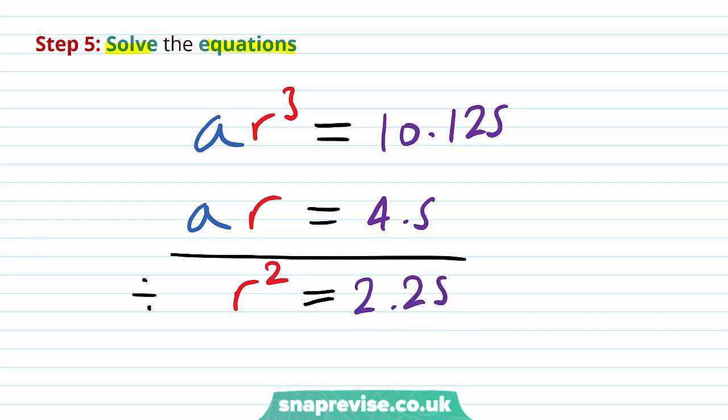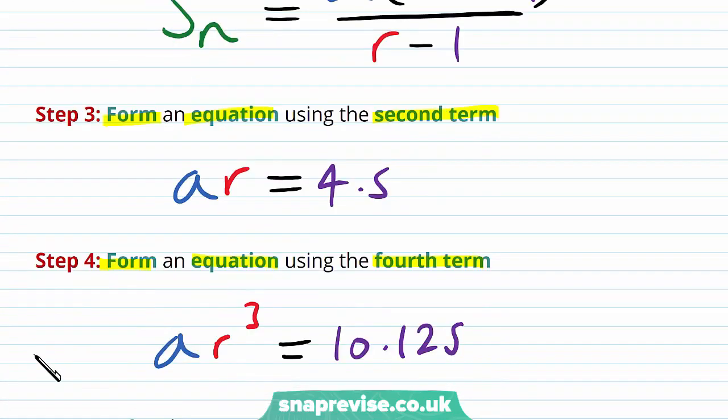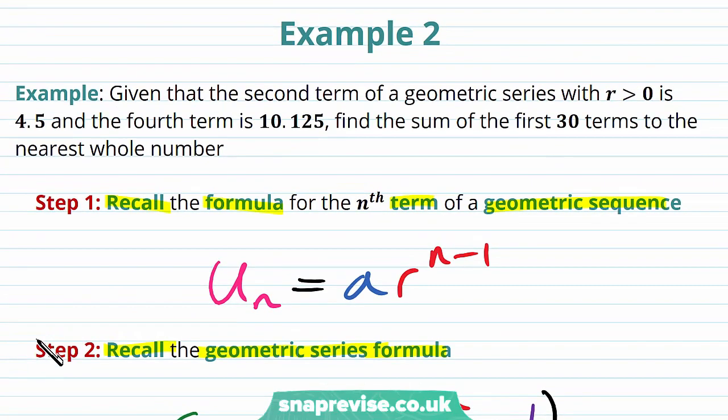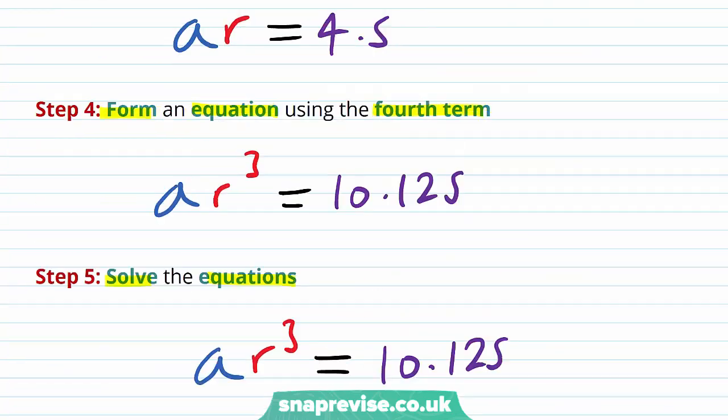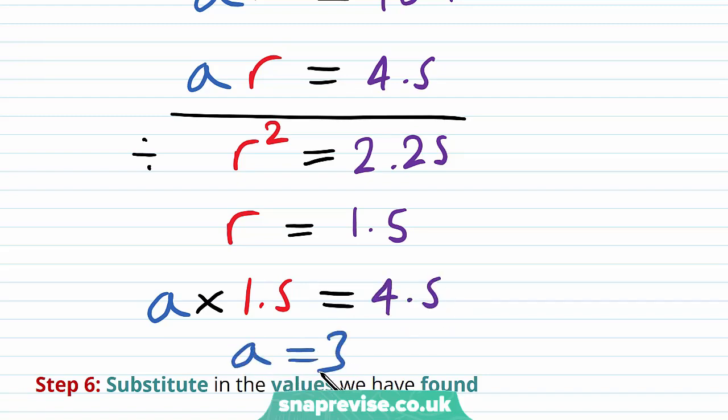By square rooting, we have that r is equal to 1.5. Now, you may be thinking it's plus or minus 1.5, but in the question, we were told that r is strictly greater than 0. And therefore, to find the value of a, we use the second equation, ar equals 4.5. We have a multiplied by the value of r, which is 1.5, is equal to 4.5, and this gives us our value of a as being 3.